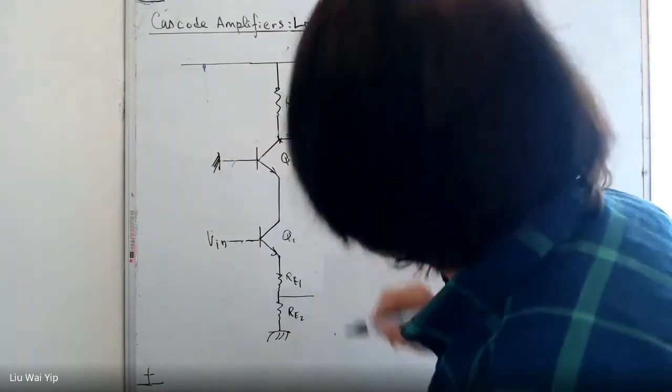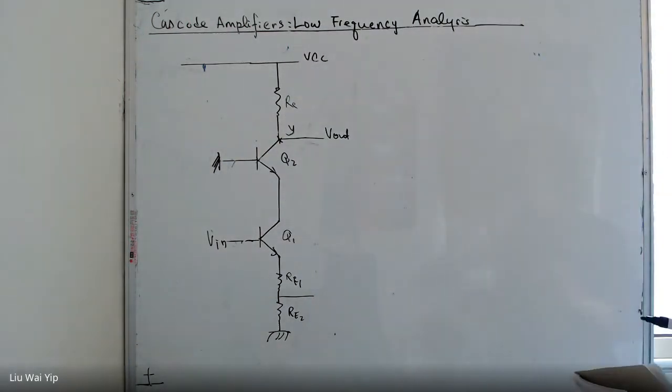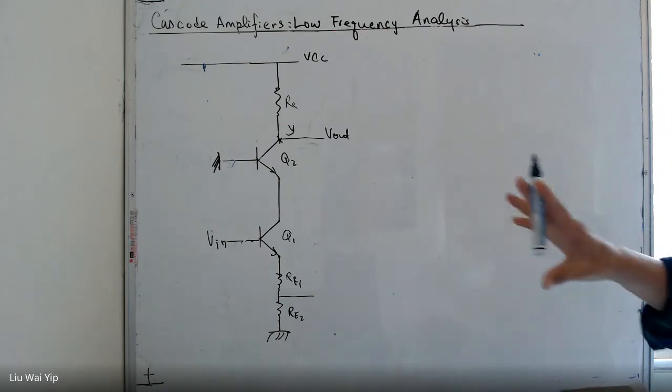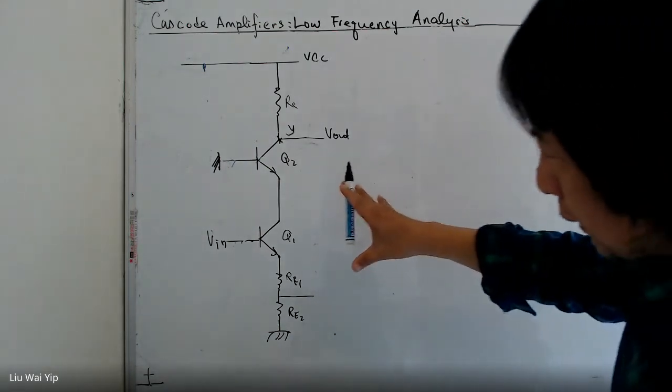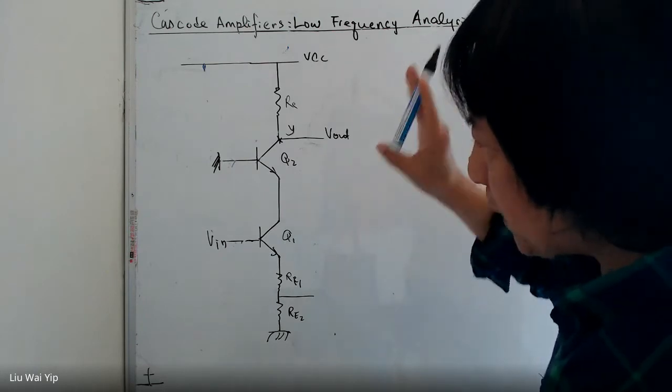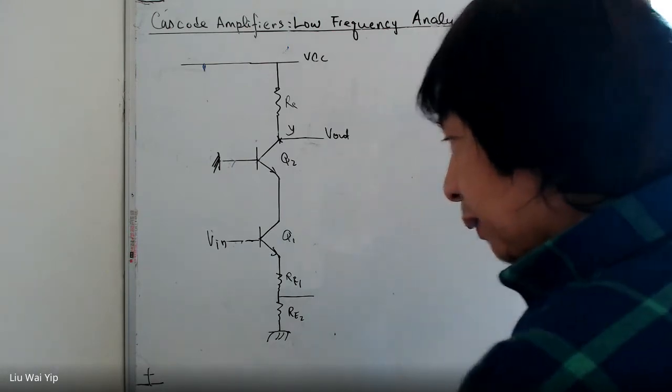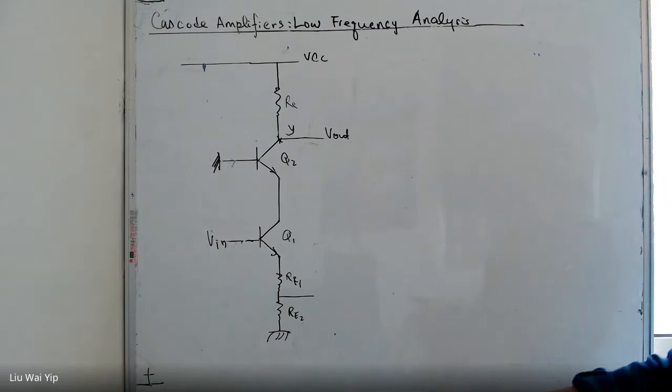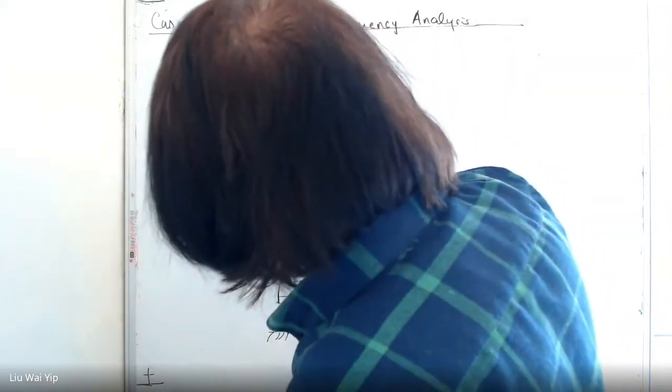So this is the basic schematic, but this one is not going to work on its own without any biasing. To make it work, we have to add the biasing network.